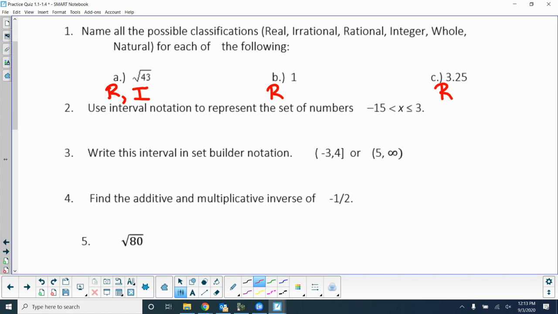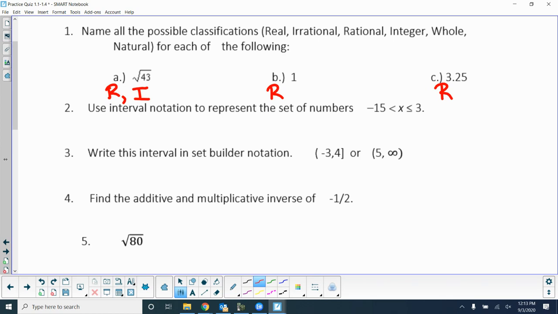The rational numbers are when we get into the fractions and decimals. So how can you tell the difference between integer and natural, like if it's 3? Can it be classified as both an integer and natural? Yes, there can be more than one. Okay. So we would put both of those, yes.